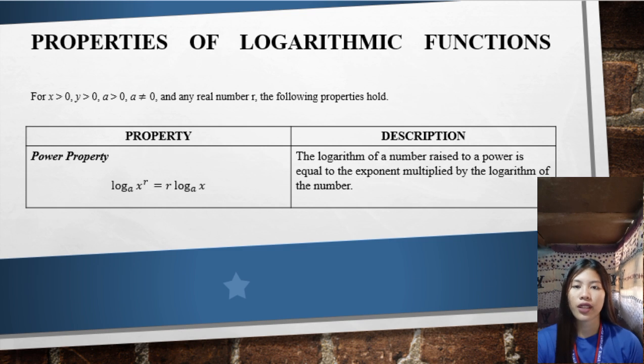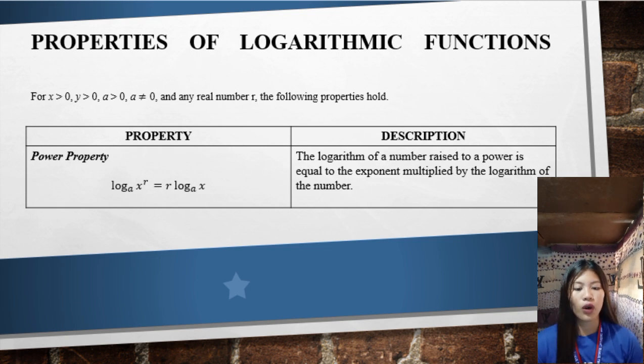For x greater than 0, y greater than 0, a greater than 0, a not equal to 1, and r any real number, the following properties hold. First, we have the power property.